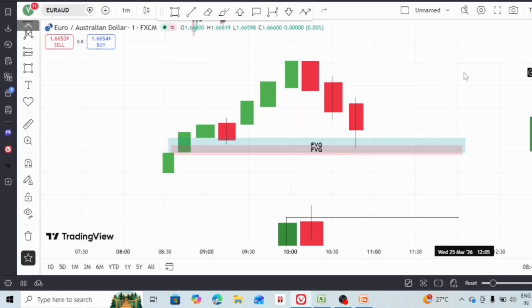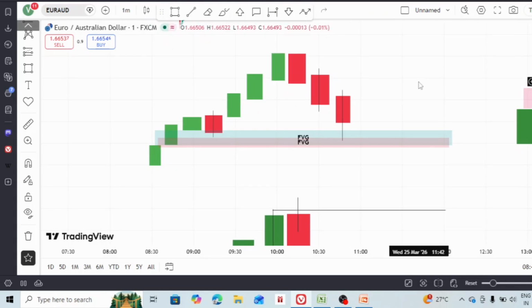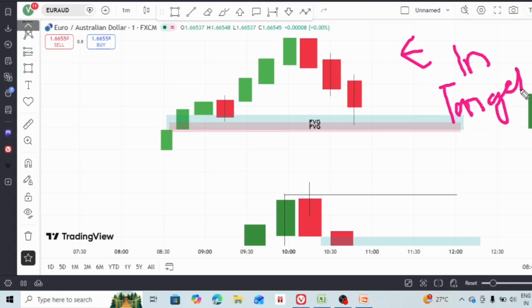Okay, so we will talk about what manipulation gaps are. Manipulation gaps are those gaps which have a low probability of working. When the market reaches its target, either the external or the internal target, the first gap will be considered a manipulation gap.